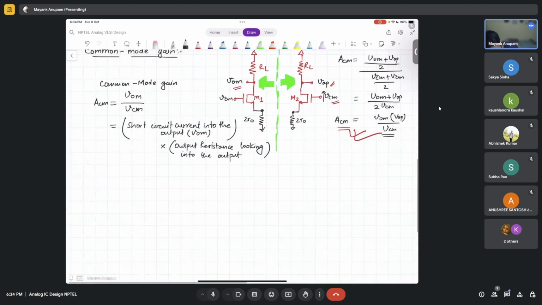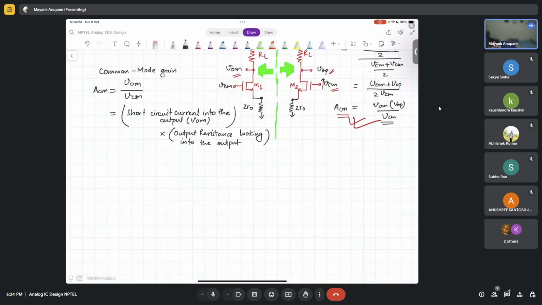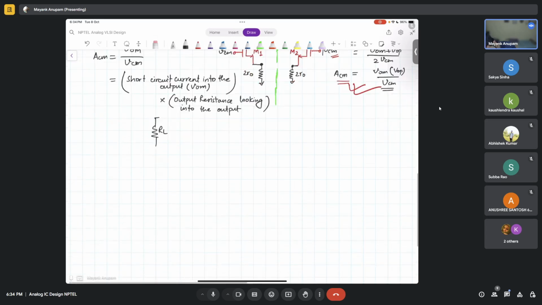So what will be the short circuit current because of a small VCM here? This is the picture. This is RL. When I say short circuit current, it means that I'm simply shorting this guy right here. And please mind that it is shorted in the incremental sense only. It is not like I've connected it to ground. It is incrementally shorted, which means that this is not actually shorted to ground but incrementally shorted to ground.